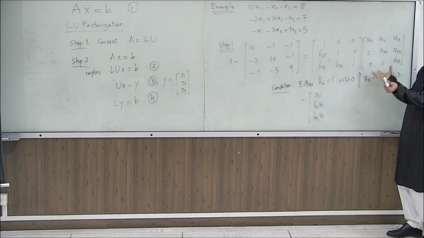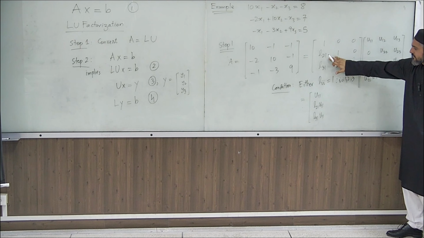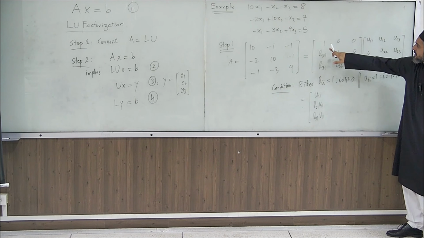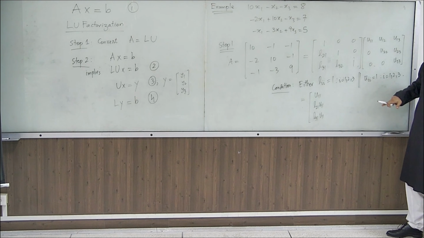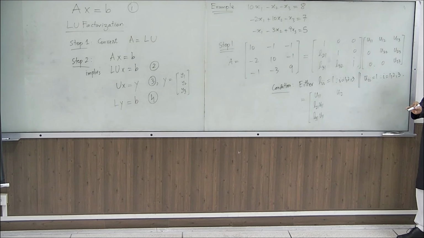It's just matrix multiplication. This position is the first row and second column, so multiplying the first row with the second column, I'll get U12.